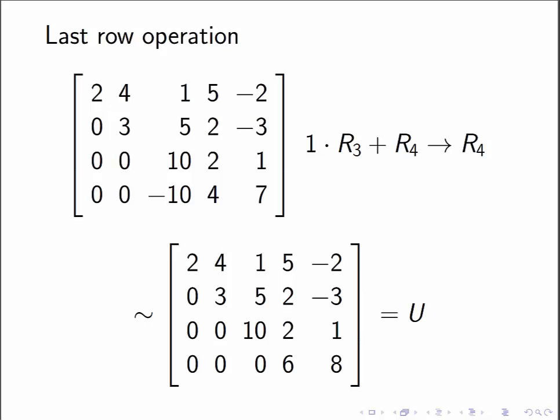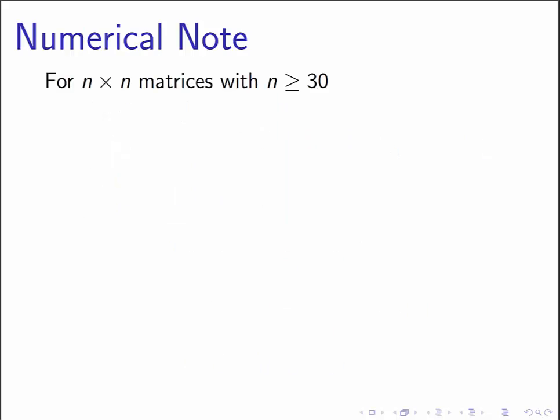So U is a row echelon form of A, and while I'm putting A into row echelon form, I am creating the matrix L. Now, the whole reason for doing this is to reduce computation, and when we're doing it with a 4 by 5 matrix, it may seem like we did a whole lot of work to not get very much.